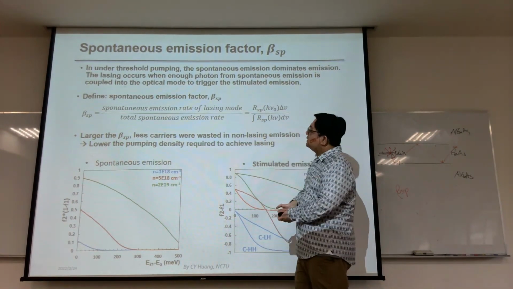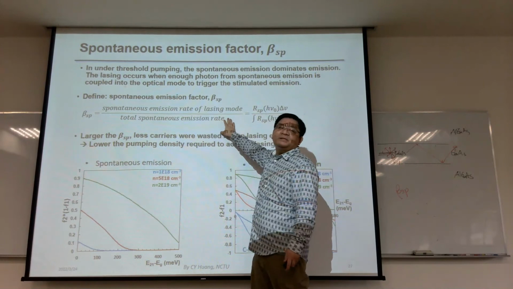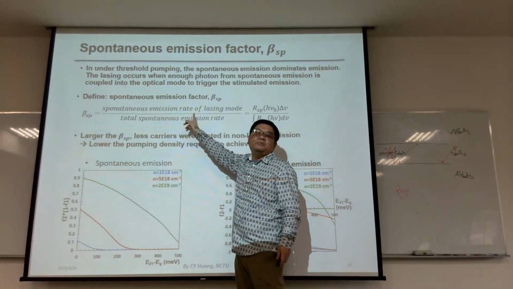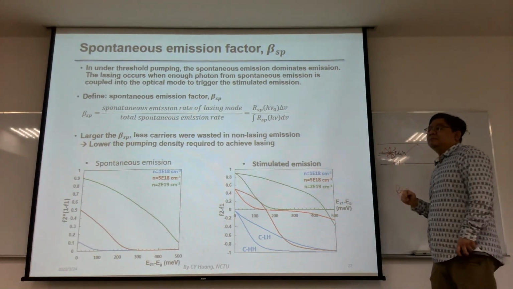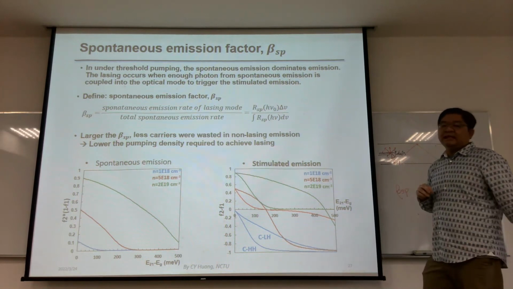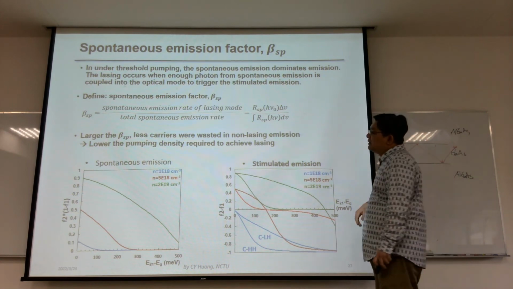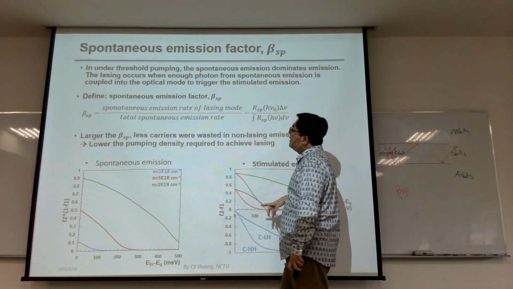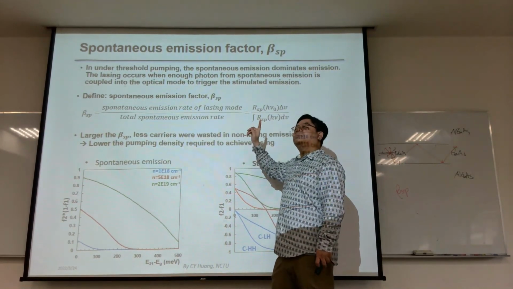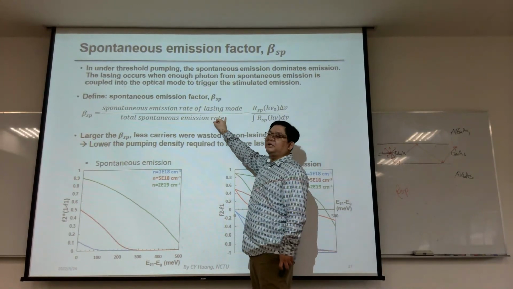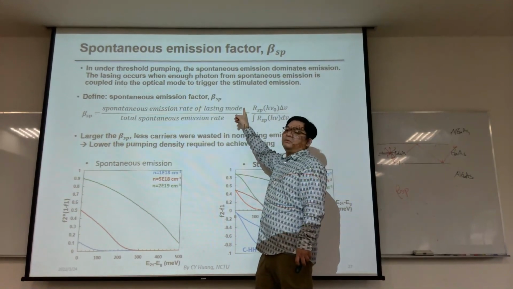Okay, so this number is limited, probably less than 5. But if you have a large cavity, that means your beta_SP will be small. Most of the spontaneous emission light is not relevant to your lasing behavior. However, if we make this number larger, the extreme case is that every spontaneous emission goes into the lasing mode.